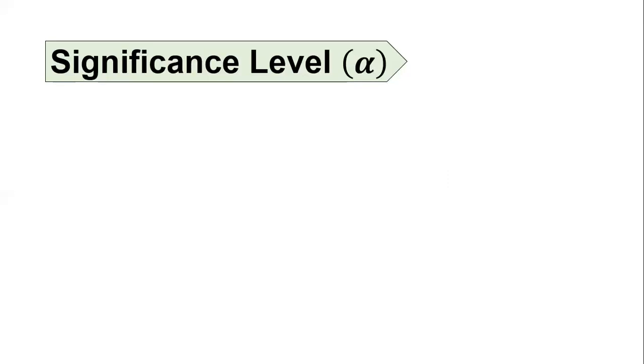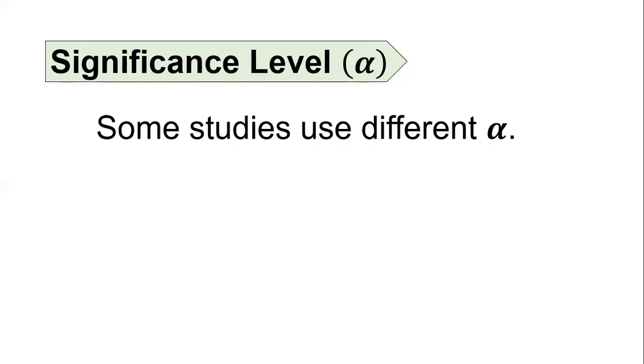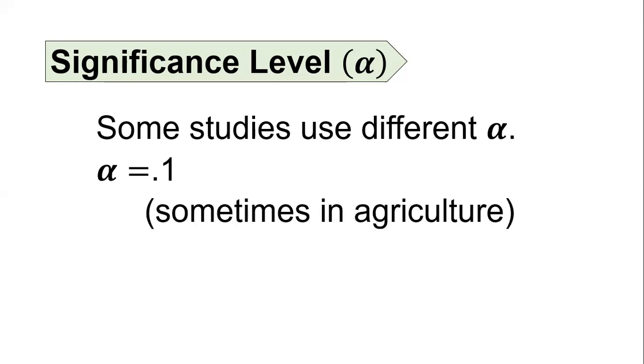So normally we are using 0.05. Sometimes others would use 0.01. Some studies use different alpha or different significance levels. Some are using 0.1. That's 10%. It could be used sometimes in agriculture.